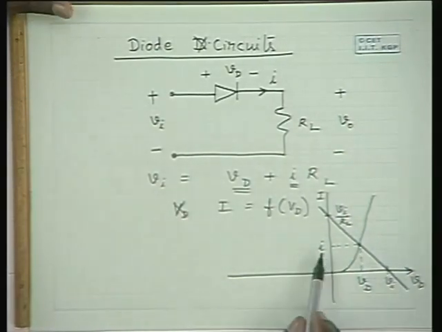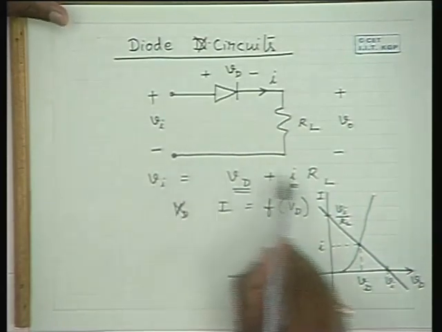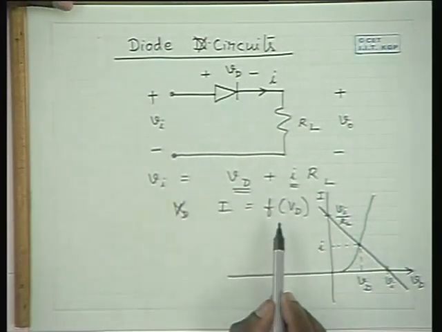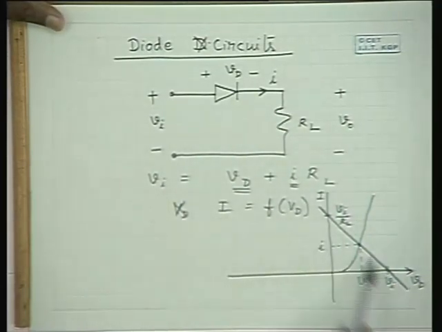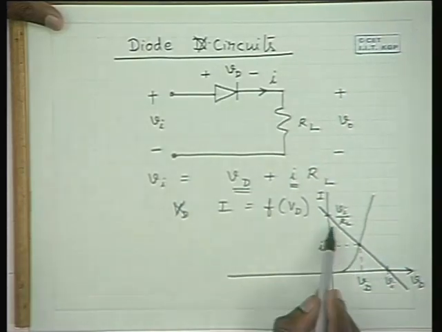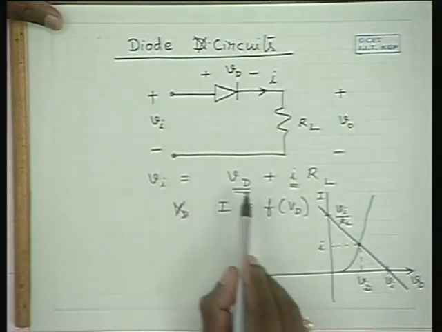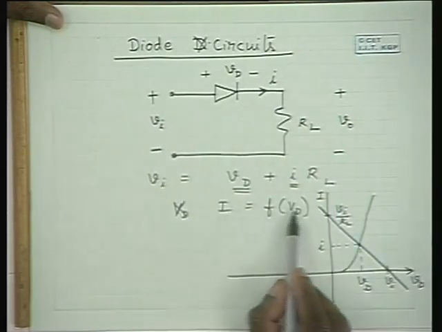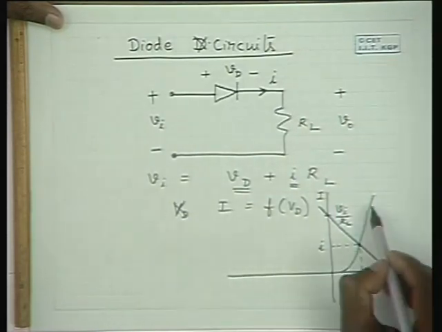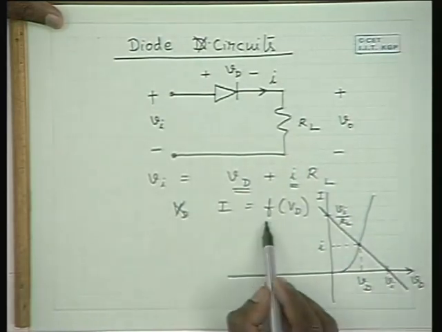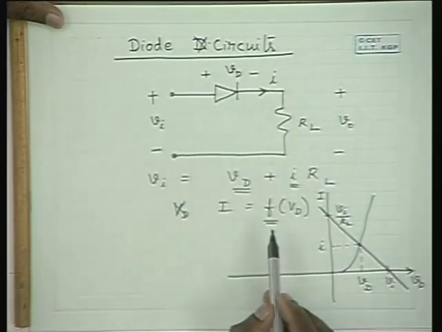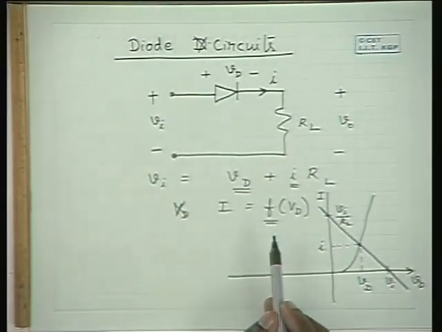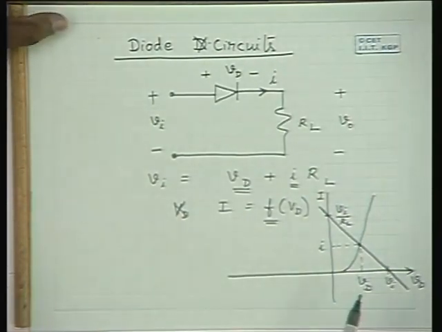I repeat, we have found this by solving these two equations, and that is done graphically here. So this is a straight line equation governed by Vi is equal to Vd plus I RL, and this is I is equal to f of Vd. This is this plot. This f is that exponential equation which I have given previously.